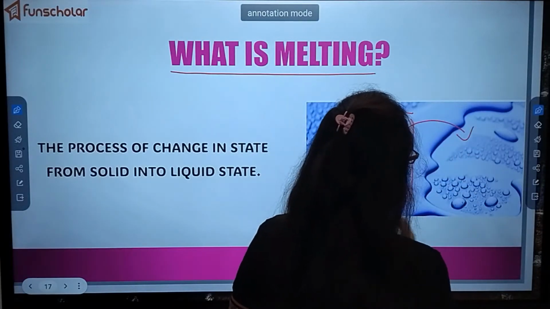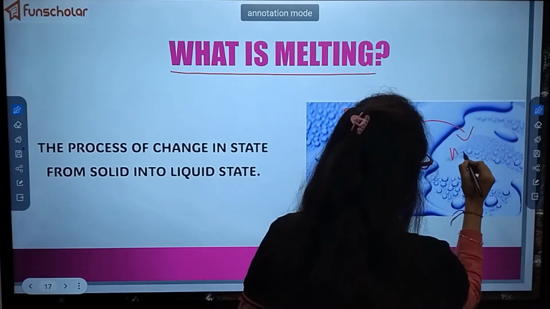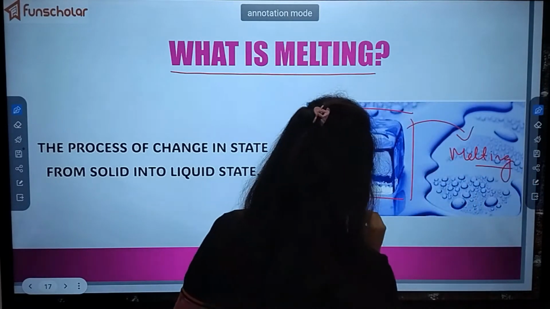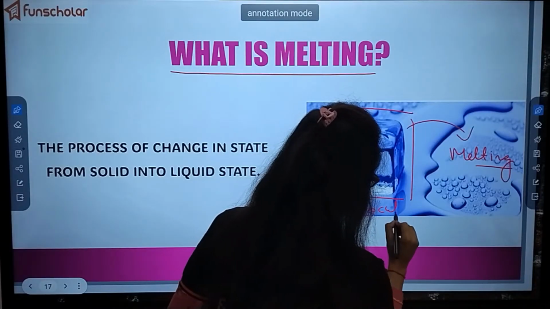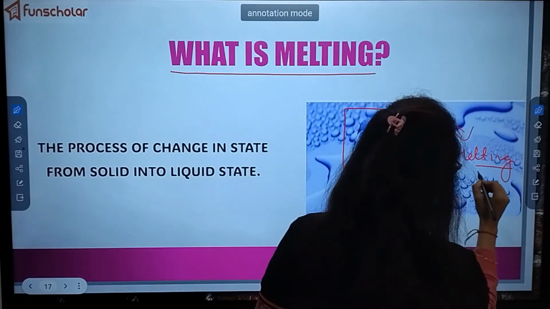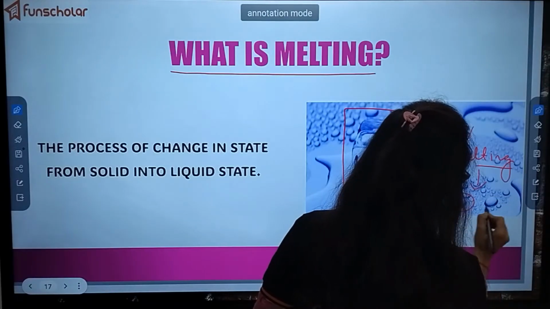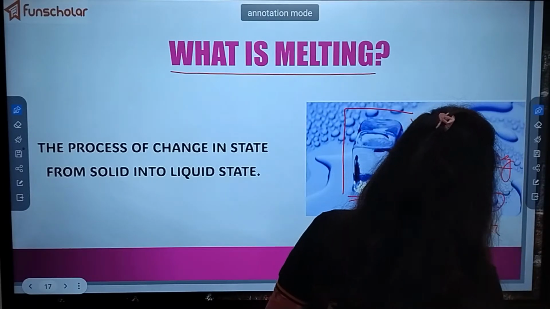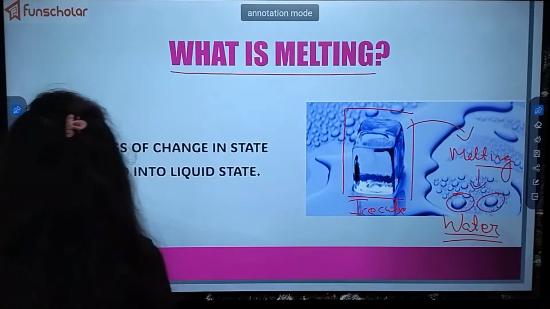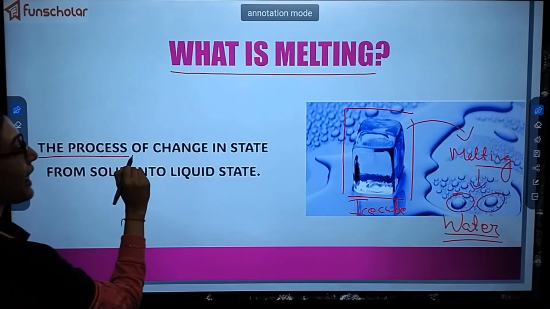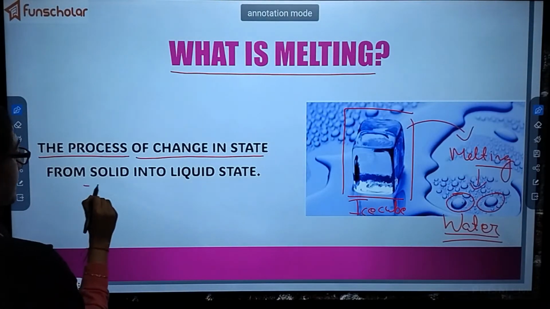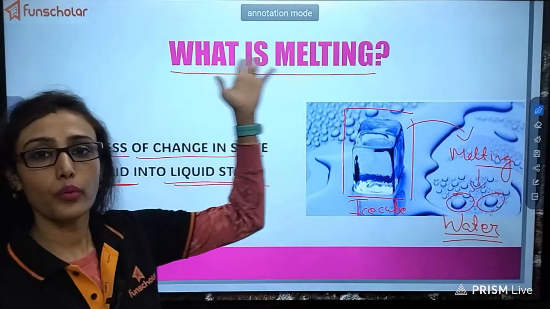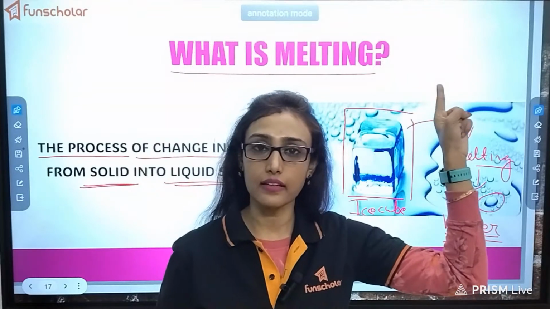See, the ice cube starts melting. Then what happens? There are droplets of water, right? So the process by which a solid changes into the liquid state of matter is known as melting.